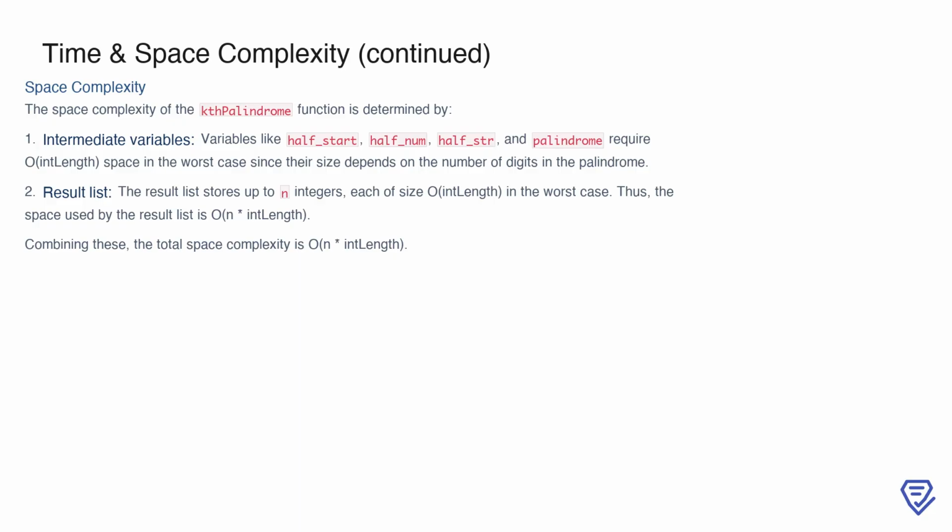If there are n queries and each result is an integer represented with up to int_length digits, then the result list occupies O(n × int_length) space. Combining both intermediate variables and the result list, the total space complexity of the function is O(n × int_length). This ensures efficient memory usage compared to alternatives that might store much larger data structures.